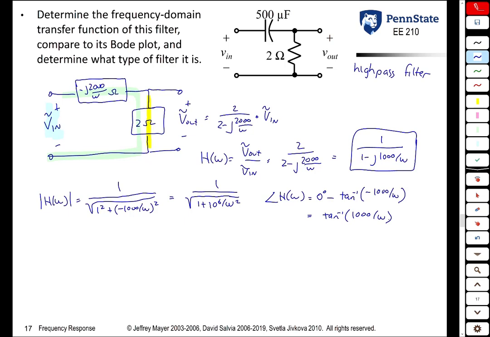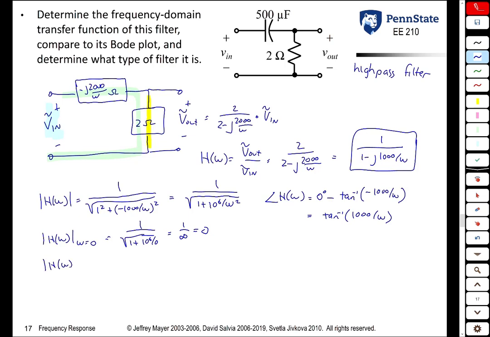Once again, let's think of what happens at low frequencies and high frequencies. For low frequencies, for example, H of omega when omega is equal to 0, the magnitude is what? It's 1 over the square root of 1 plus 10 to the 6th over 0. When you divide by 0, you get infinity. You get 1 over infinity, which is 0.